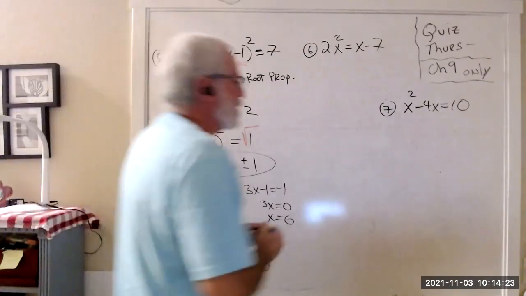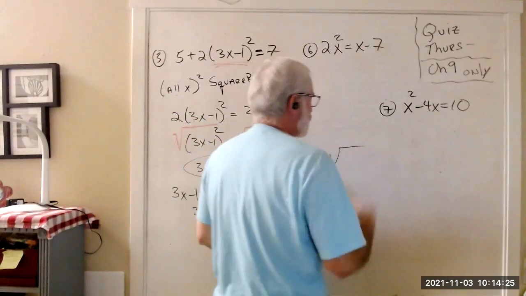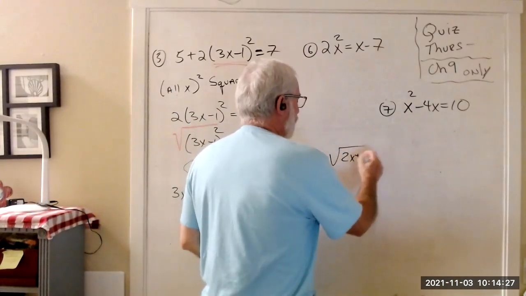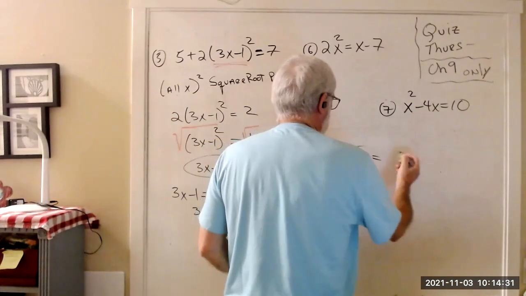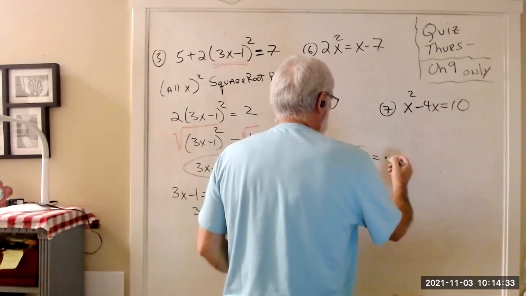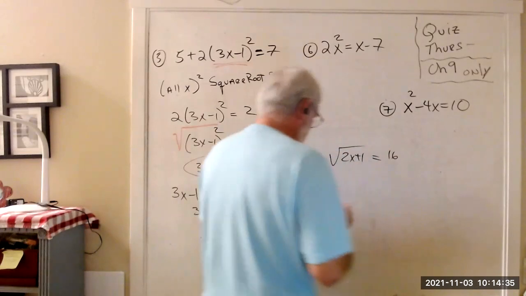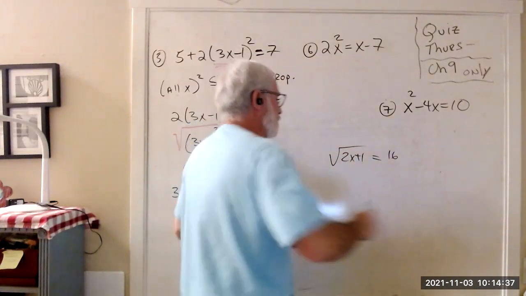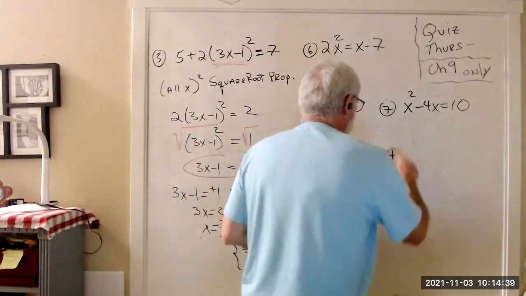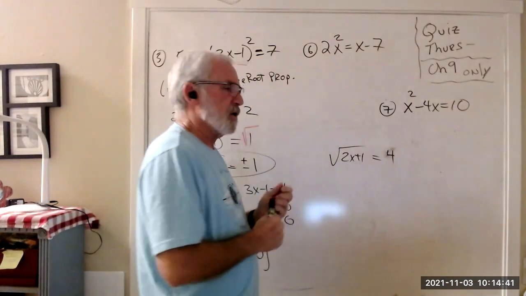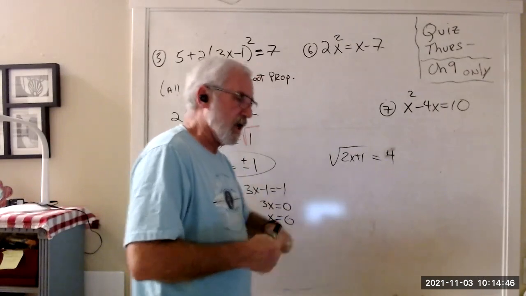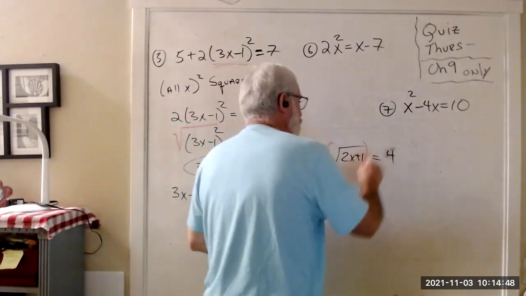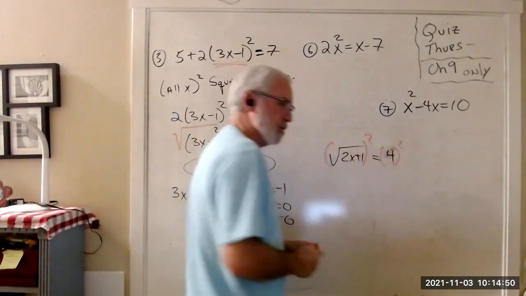The only time you need to test it is if you had the square root of a problem equals, I don't know, let's go 16, equals, let's go 4. Notice the difference. This is starting with a square root, and you square both sides.